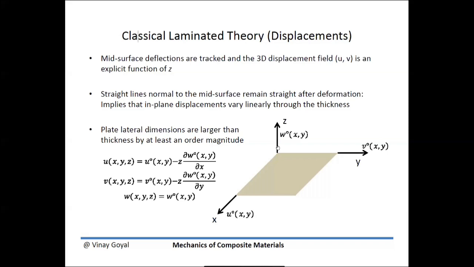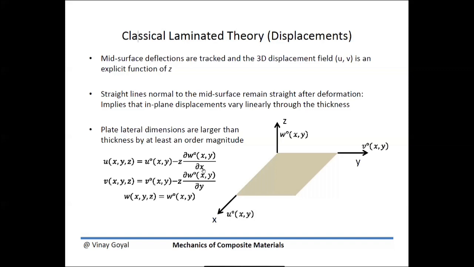The deflections at any point through the thickness of the plate are given as the deflections of the mid surface, and here you have minus z times these slopes. While we'll talk more about these slopes, as you can see, when I put z equals 0, I recover the deflections of the plate at the mid surface. Anywhere else, what I have here is the contribution of the mid surface and then a slope times z.